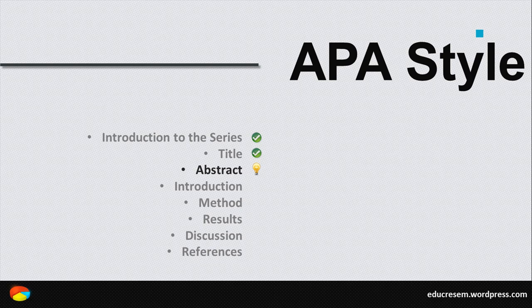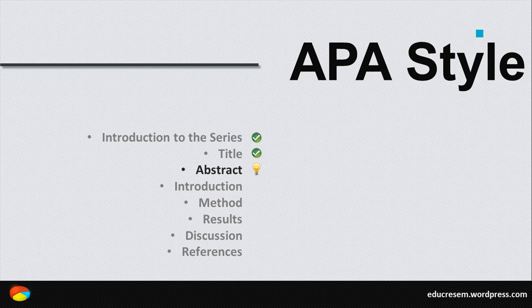Something I forgot to mention in the first video is that this series is not intended to be a tutorial or a course on scientific writing. This is more about showing you how to organize your paper in order to match the APA style.